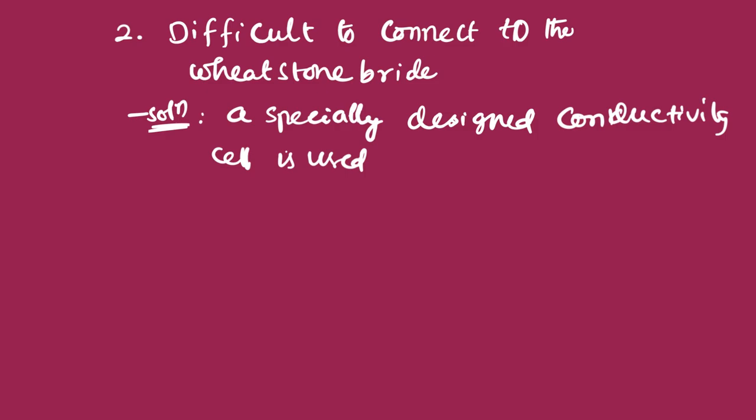What is the formula for resistance? Already we know the conductivity formula, G star by R. From this we can calculate R is equal to G star by K. Now, conductivity is unknown, but generally the R value we will get from the Wheatstone bridge.